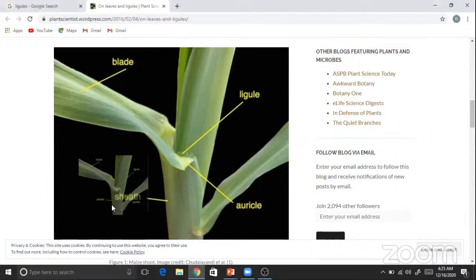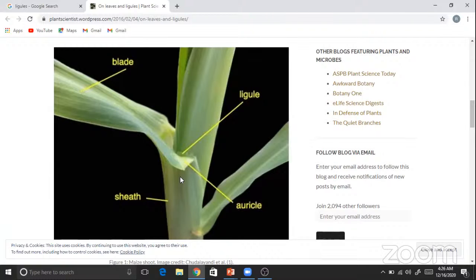And what do you understand by the sheath? The sheath is that portion of the leaf which covers the stem. So at the junction of the leaf blade and the sheath the ligule is present, and this is a distinct characteristic of grasses. It is not present in sedges, and it is not present in broadleaf weeds either. So this is a very important characteristic of the grasses.